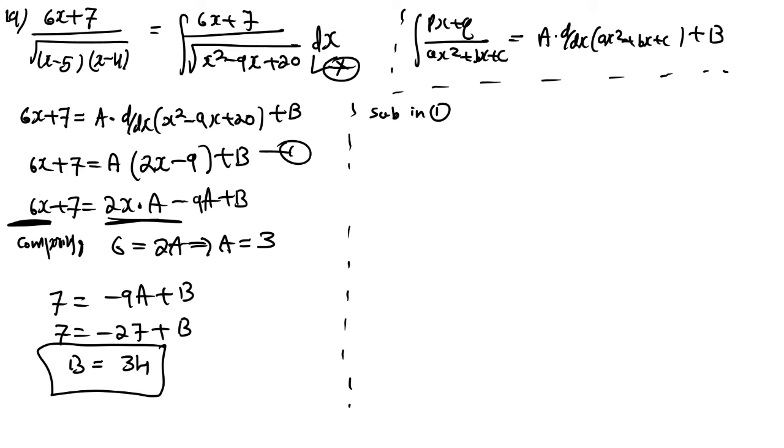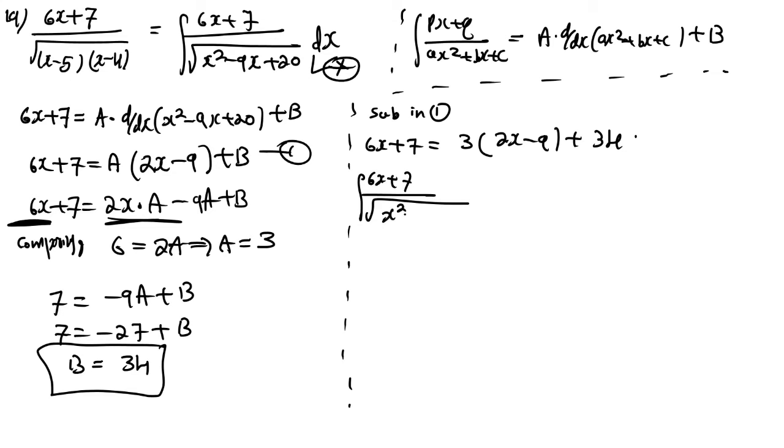So 6x plus 7 is equal to 3 into (2x minus 9) plus 34. Now consider the integration. Integration of (6x plus 7) divided by square root of x square minus 9x plus 20 into dx is equal to integration of (3 into (2x minus 9) plus 34) divided by square root of x square minus 9x plus 20.